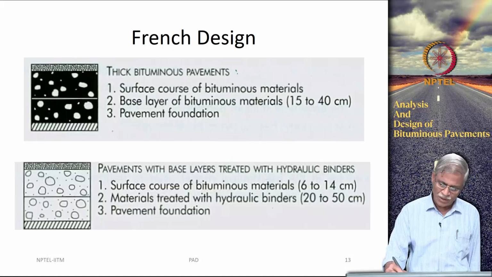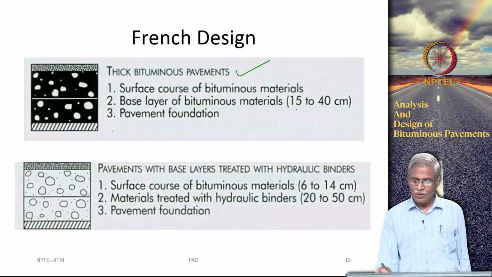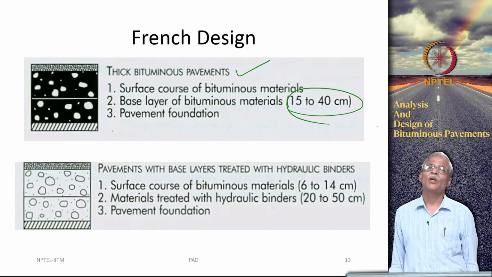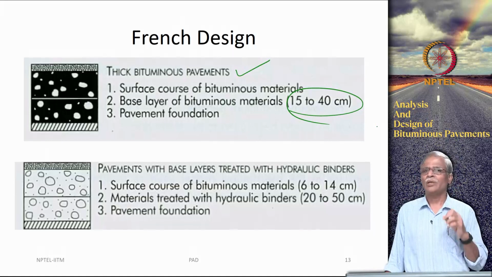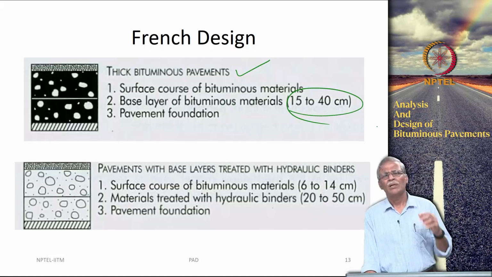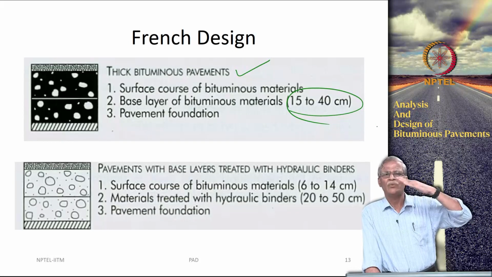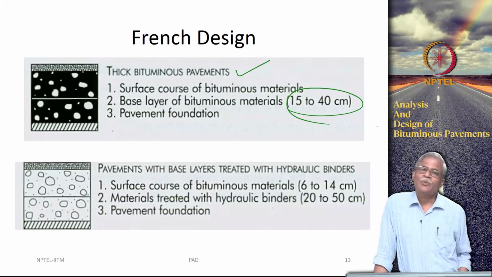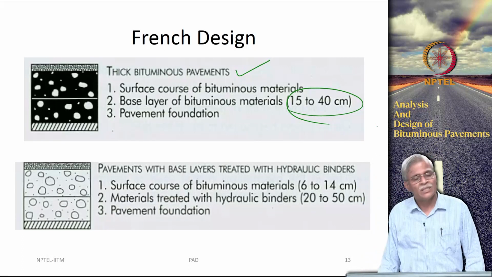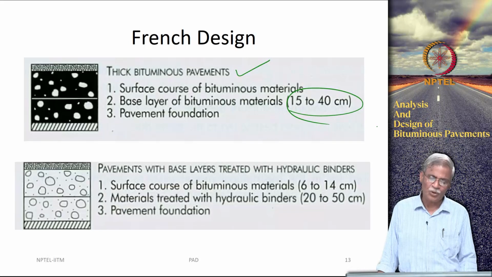There is also what is really called a thick bituminous pavement. Now, this thickness can go as high as 40 centimeters. Within the Indian context you should be able to appreciate this, because if you add up the total bituminous layers, we normally do not exceed 15 or 16 centimeters, whereas these people want you to provide something like 40 centimeters, more than twice as much as is normally produced.